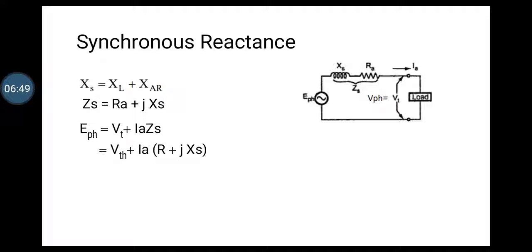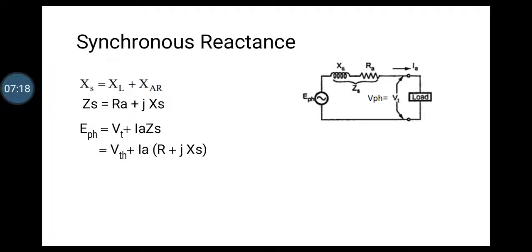The voltage drop occurs due to that. So the synchronous impedance is the combination of two reactances, the leakage reactance and the armature reactance. It accounts for the voltage drop, which is why we have to include this. So XS equals XL plus XAR.